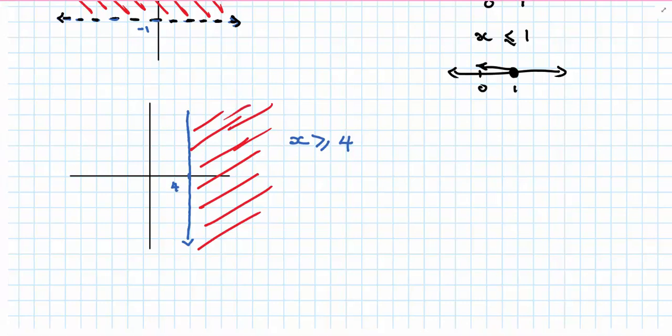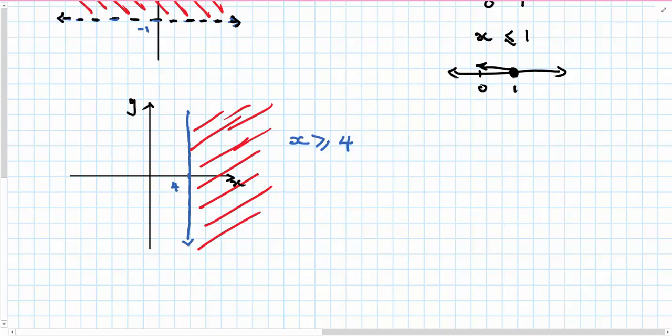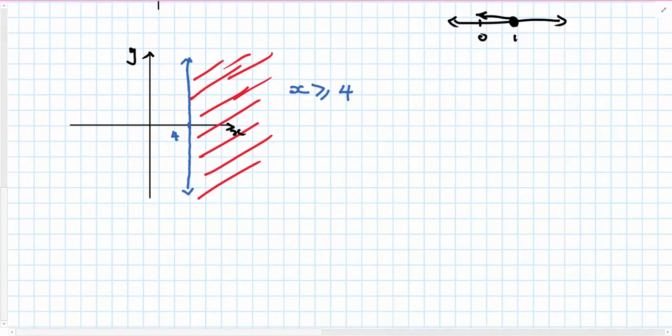Don't forget to label your axes. So hopefully it's clear that to the right is x greater than 4, to the left x is less than 4.